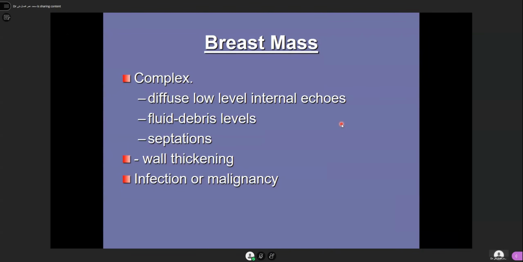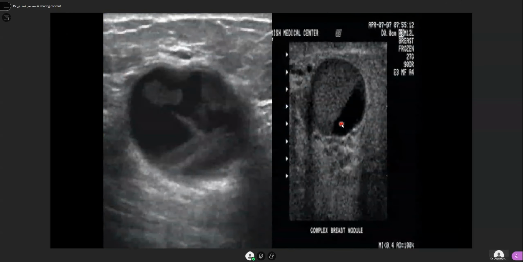Okay, breast masses may be complex. We have discussed this. This is just a repetition. If it is complex, it may have diffuse low-level internal echoes, fluid debris level, septations, wall thickening, and the differentials include infection or malignancy.